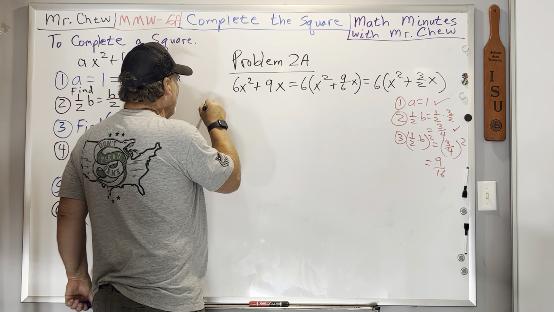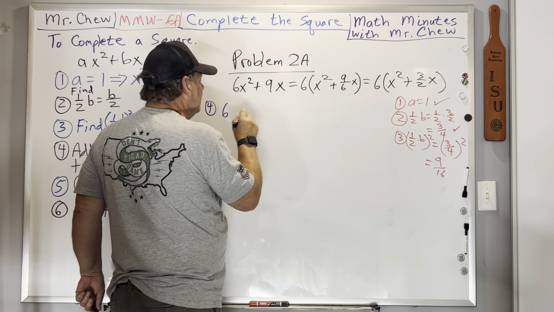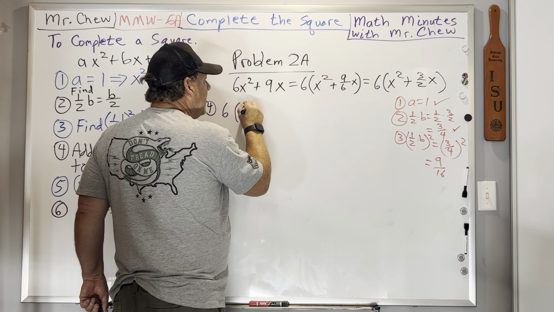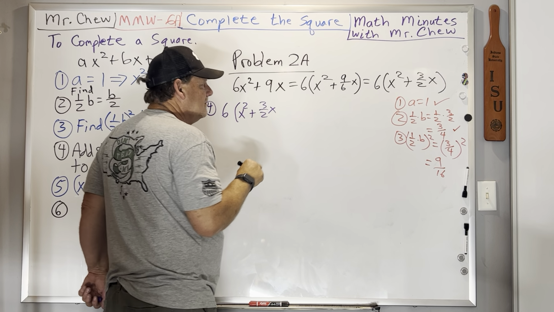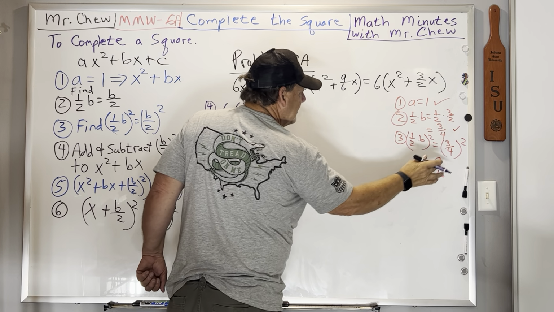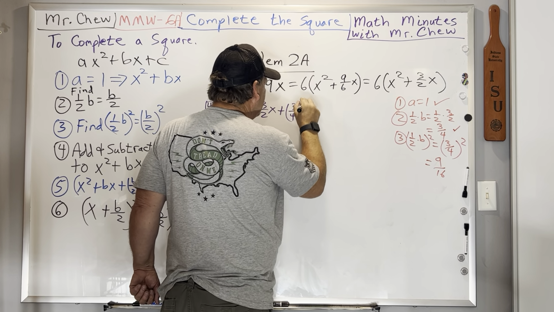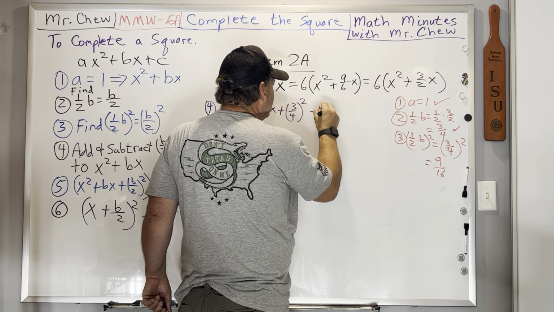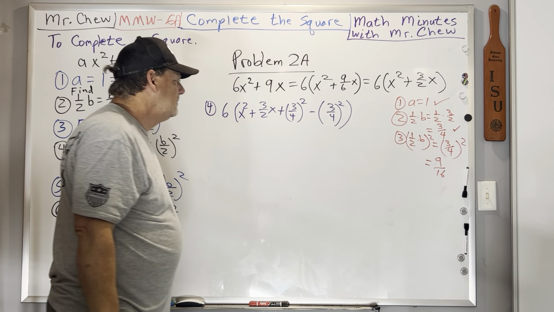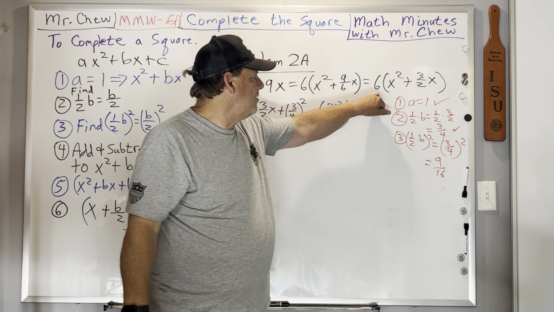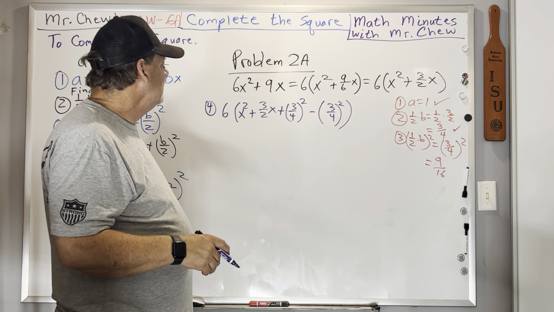So on step 4, I take my original over here, so we got 6 times x squared plus 3/2 x, and then I'm going to add the 3/4 squared, and now I'm going to subtract the 3/4 squared. Remember, I got to keep that 6 out there because that's how I started the whole process, okay? All right.